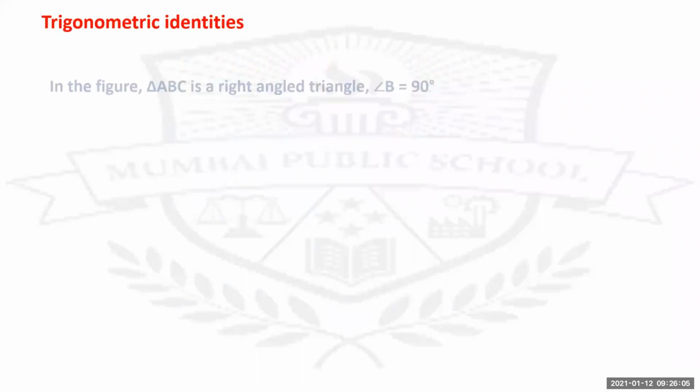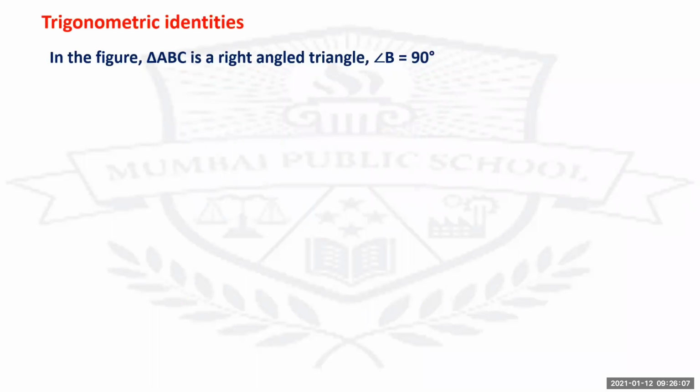Trigonometric identities. Now, in the figure, triangle ABC is a right angle triangle. You know, trigonometry is basically about the right angle triangle. So, assuming that triangle ABC is a right angle triangle and angle B equals 90 degrees, the side opposite to 90 degrees is called the hypotenuse.